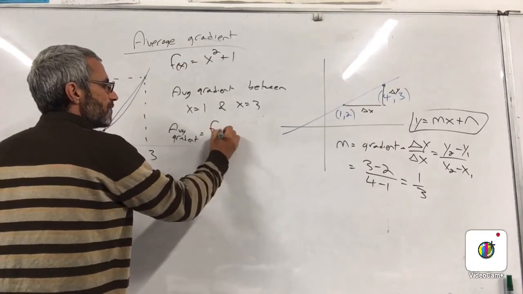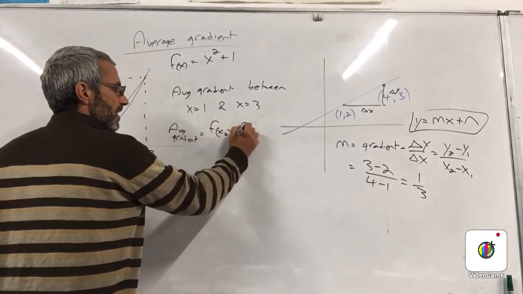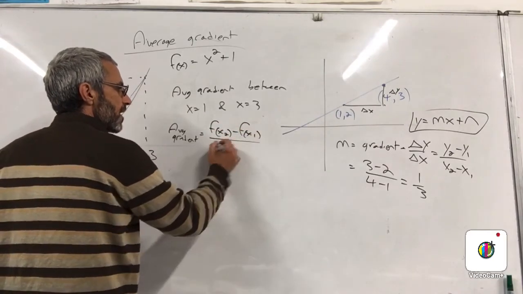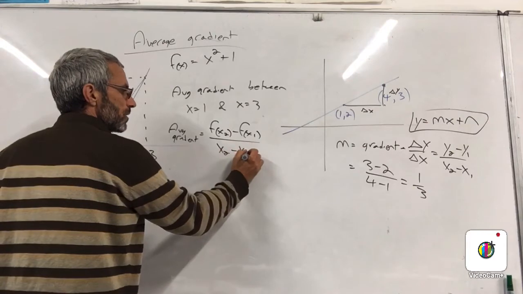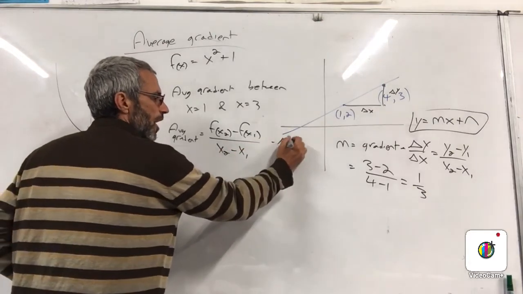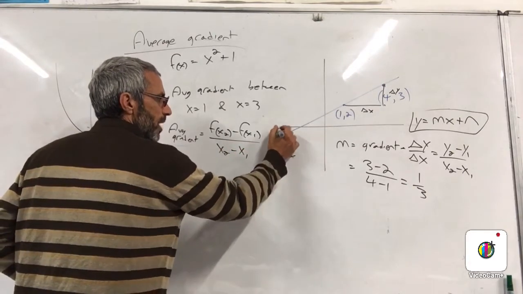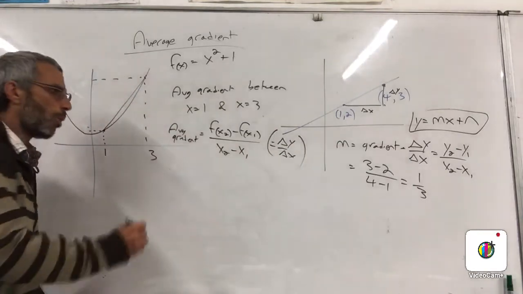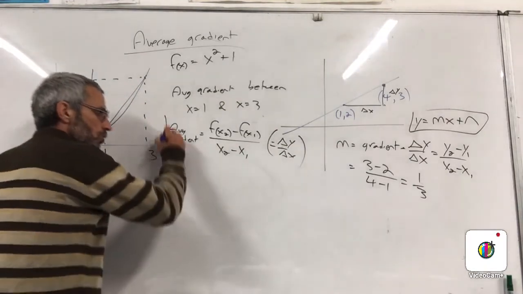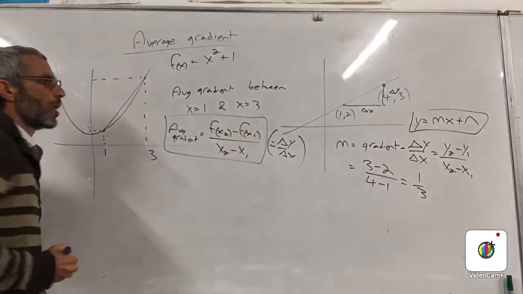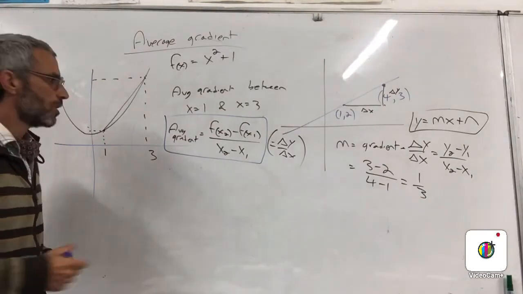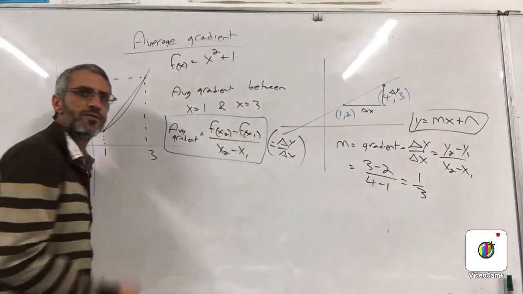It's f of x2 minus f of x1 divided by x2 minus x1. It's the same thing as delta y over delta x. I want you to see this equation, because the textbook uses it. This is just the difference in the y.